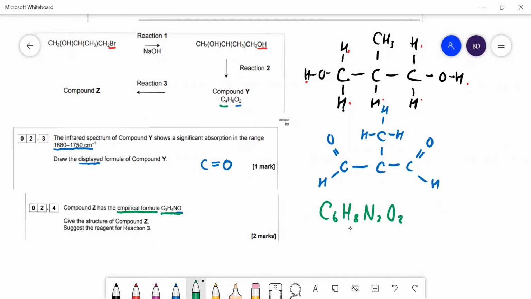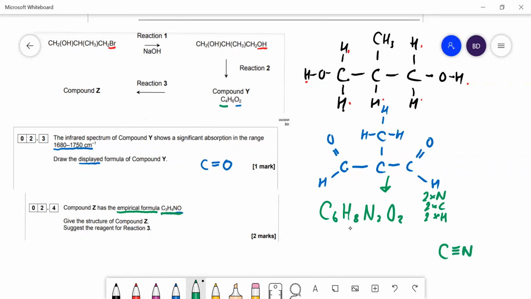So you can see as we've gone from there to there, what have we done? Well, we've actually added on 2 nitrogens, 2 carbons, and 2 hydrogens. Now, whenever you're adding a carbon and a nitrogen, you're obviously adding a cyanide on here, aren't you?